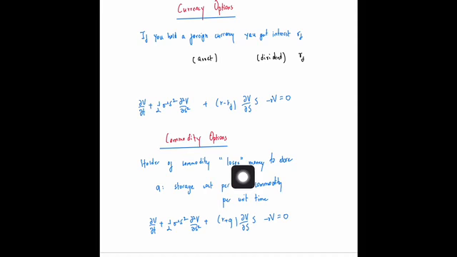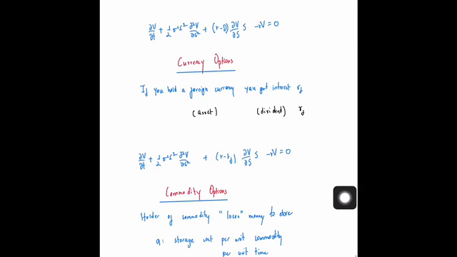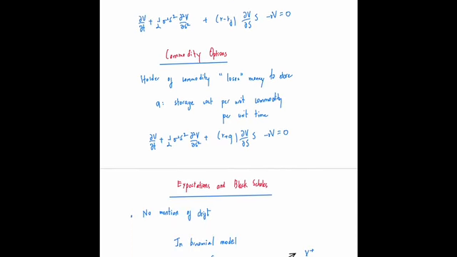So if we consider Q as the storage cost per unit commodity per unit time, then wherever there was a D, you substitute a minus Q there. That is why you get R plus Q. This is the way you would be pricing commodity options.